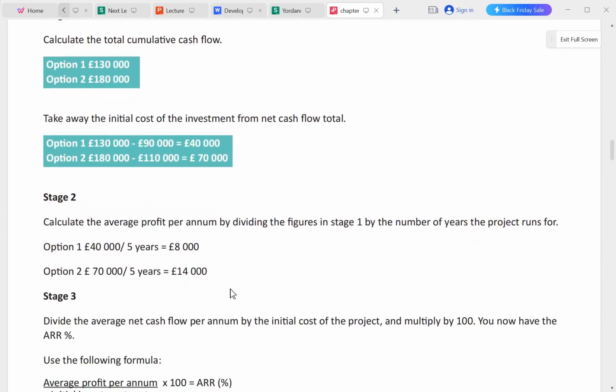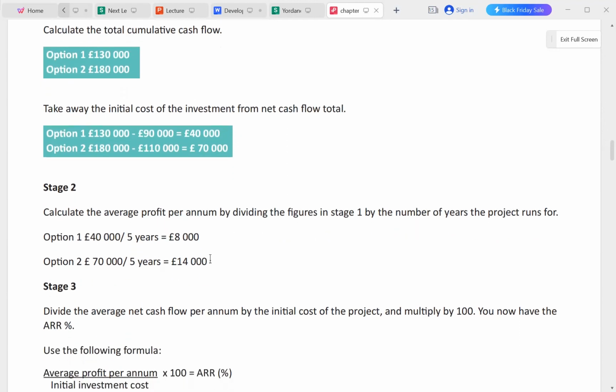Then stage 2: calculate the average profit per annum by dividing the figures from stage 1 by the number of years the project runs for. Option 1 gives us 40,000 divided by 5, which is the years. It gives us 8,000. And for option 2, it gives us 14,000.